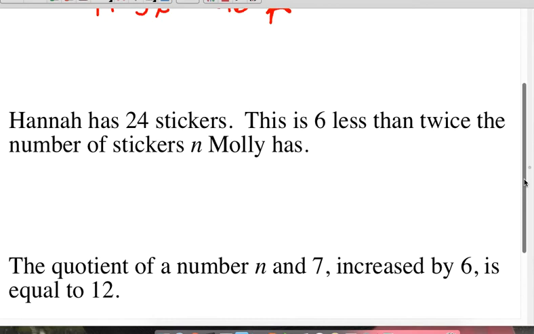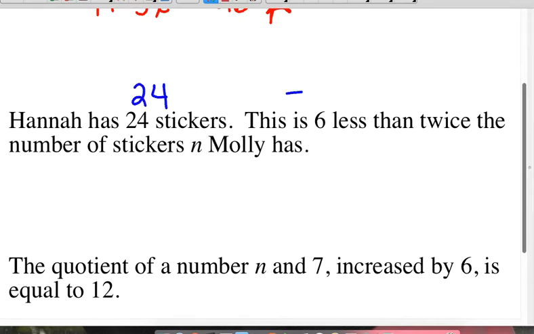Let's do this one. This one's talking about Hannah. She's got some stickers. Let's read it. We won't take notes on it yet. Hannah has 24 stickers. This is 6 less than twice the number of stickers n that Molly has. All right, let's go back and take some notes. Hannah has 24 stickers, so I know that that's 24.